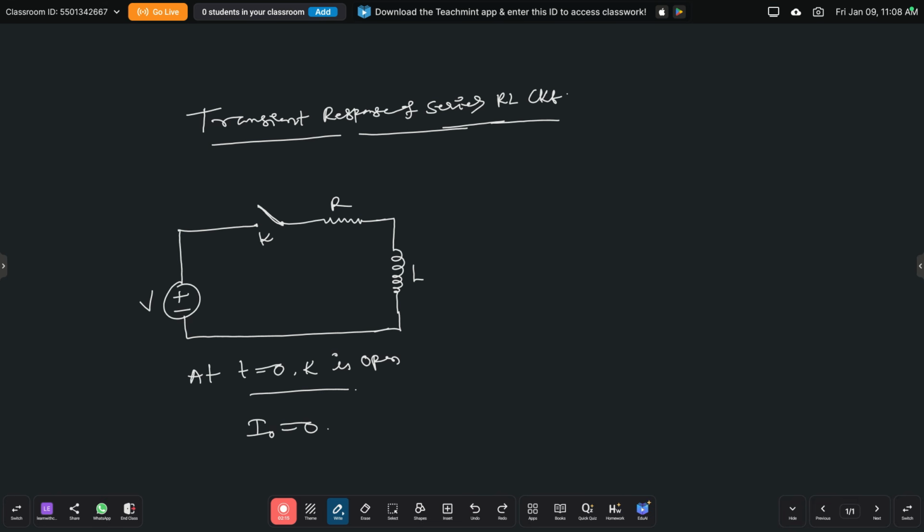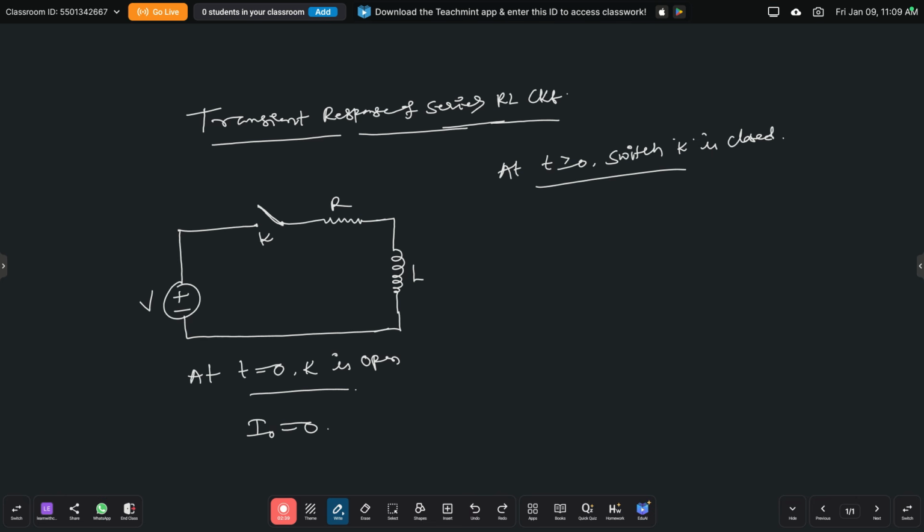But after some time, at t greater than or equal to 0, the switch K is closed. When the switch K is closed, the current will flow.